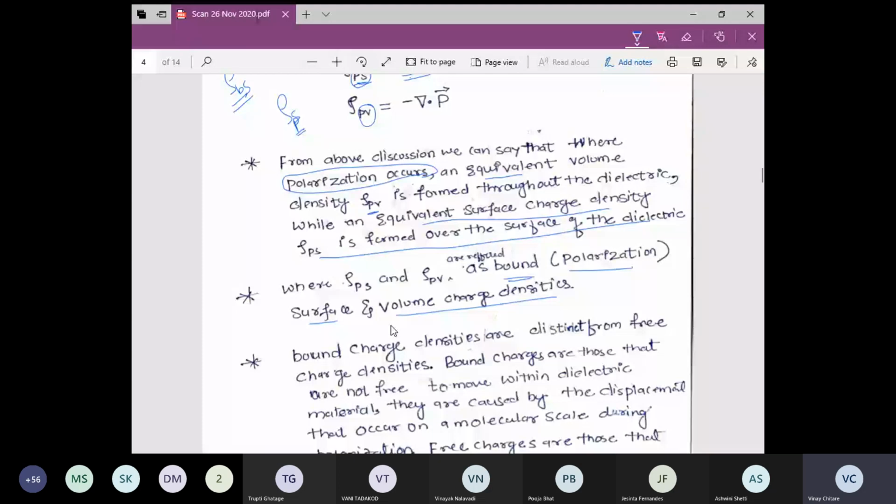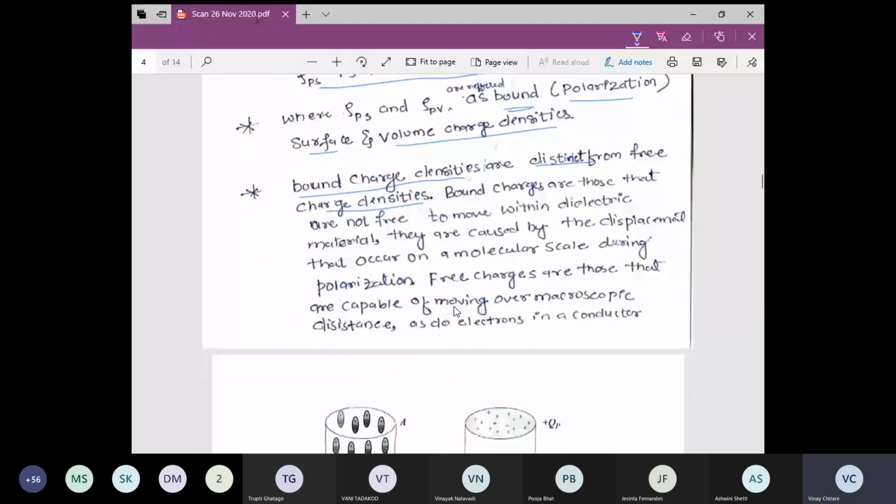Now we need to understand what we mean by bound charge densities. They are distinct from free charge density, so this is really very important to understand. Bound charges are those that are not free to move within a dielectric material.